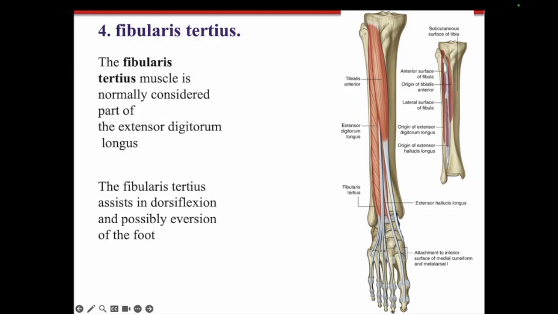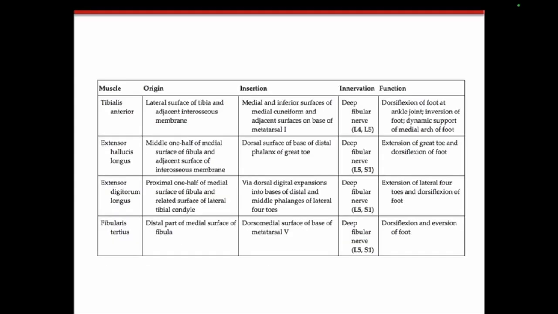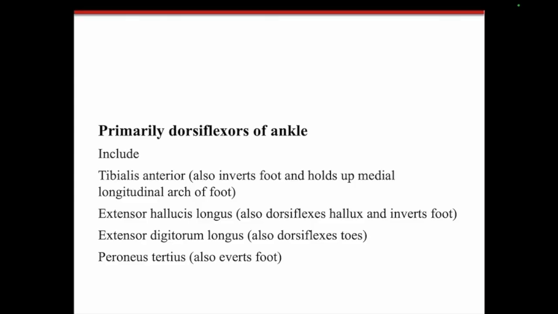The tertius is a muscle that sometimes doesn't even exist, and if it exists, it's considered part of the extensor digitorum longus. Okay, so we have the muscles by function: the tibialis anterior, extensor hallucis longus, extensor digitorum longus, and peroneus tertius. Peroneus or fibularis is the same thing.